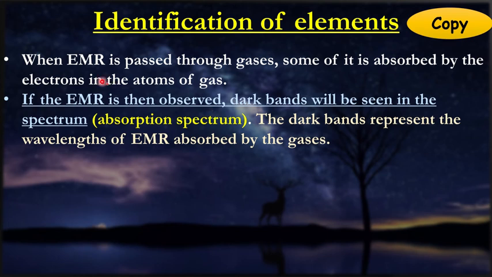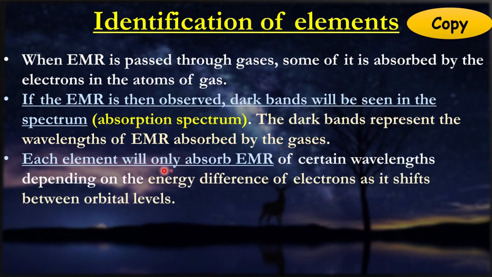Well, we know that with electromagnetic radiation passing through gases, some of that color or electromagnetic radiation will be absorbed by the atoms of the gas. Depending on the dark bands of the spectrum, we can identify the wavelengths absorbed there. So the value is that each element has a unique code of electromagnetic radiation it will absorb.